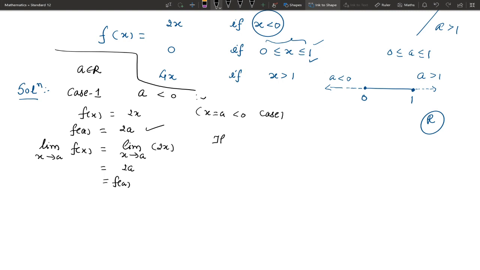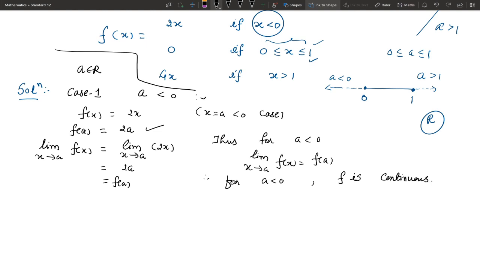Thus for a less than 0, limit x tends to a, f of x equals f of a, and therefore for a less than 0, f is continuous.